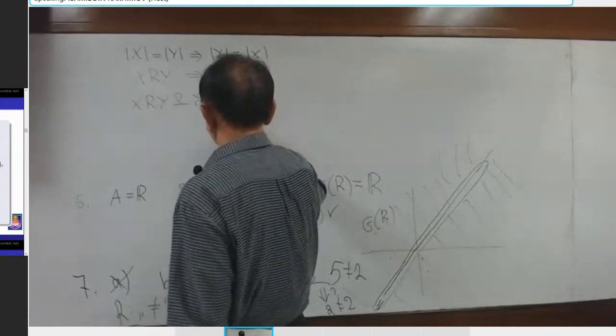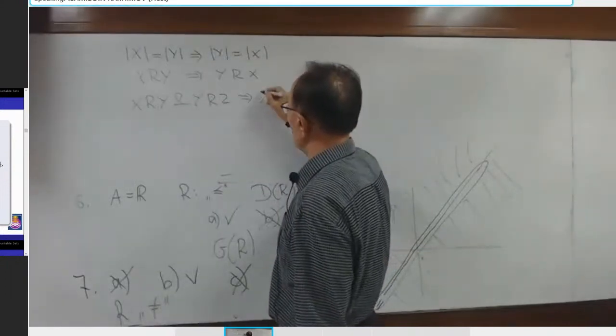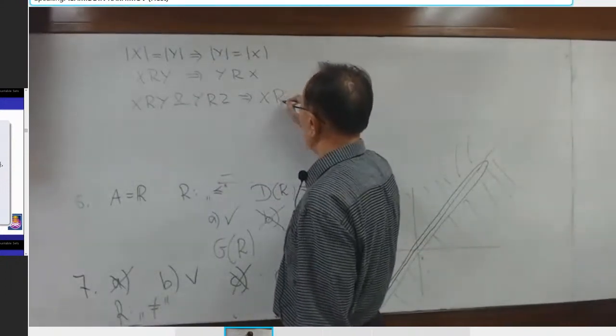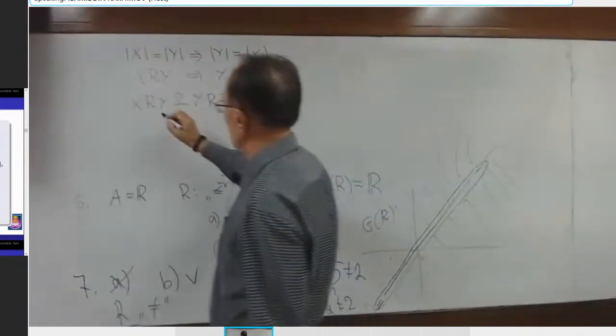About transitivity, we have X R Y and Y R Z. Then can we say X R Z or not? Can. Why?